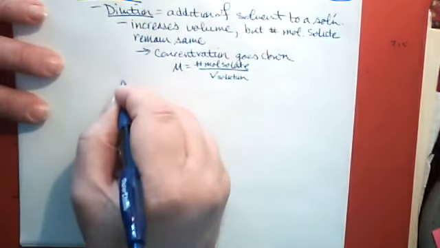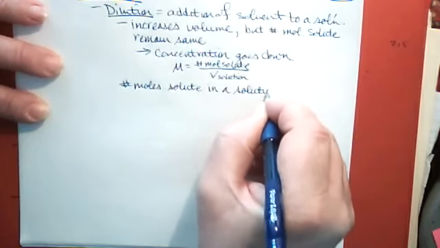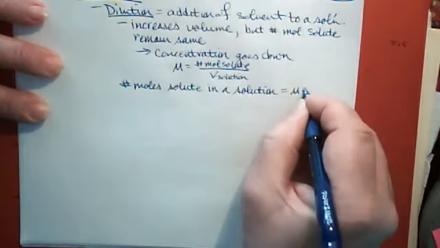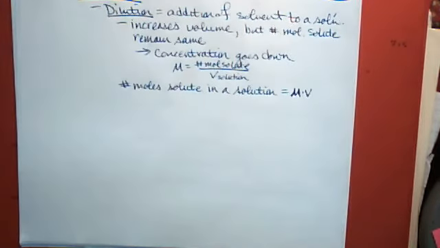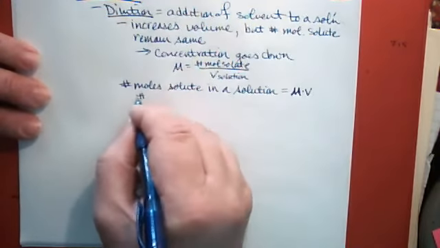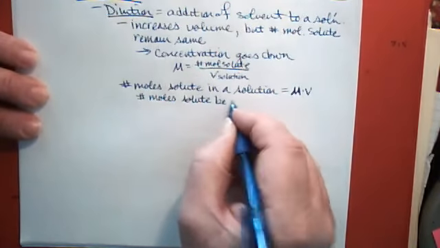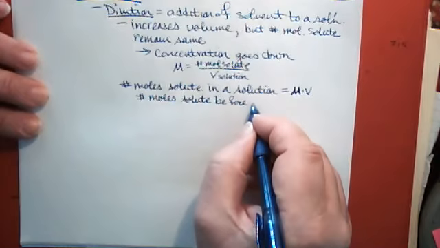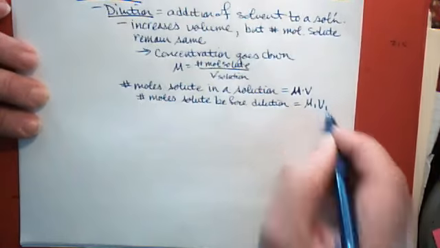And we can show that because we know that the number of moles of solute in a solution are equal to molarity times volume in liters. Okay, so the number of moles of solute before a dilution, we'll let that equal M1V1.